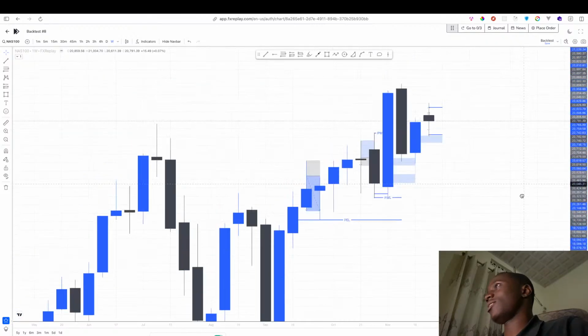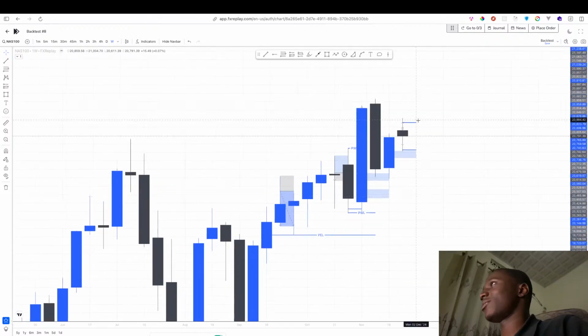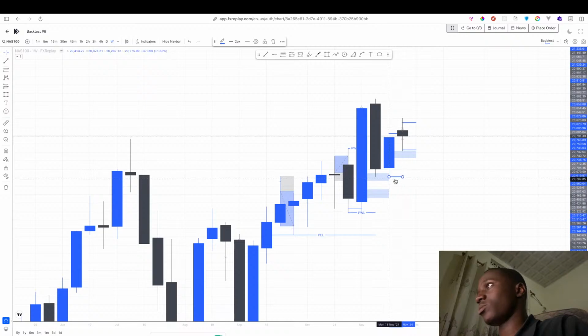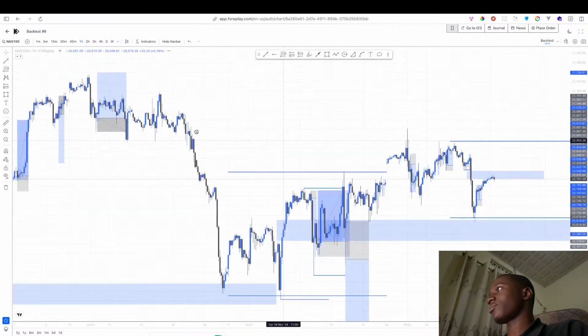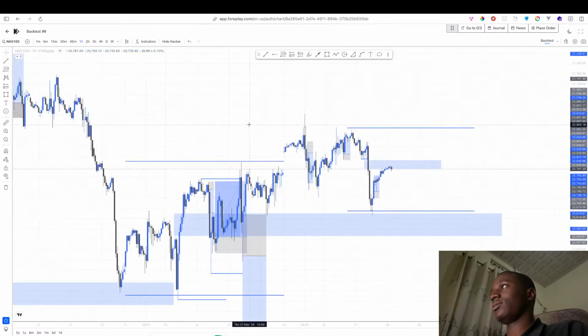So we've got also the previous weekly high and the previous weekly low. Let's mark them out. Previous weekly high taken out, but we still have the previous weekly low right here. This fair value gap. Right, so okay.